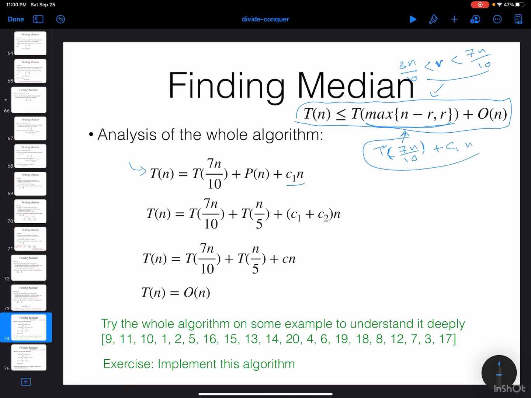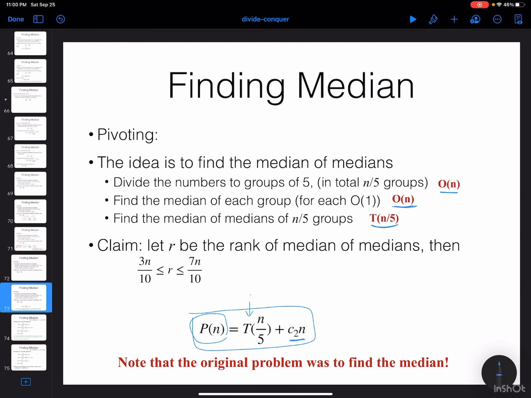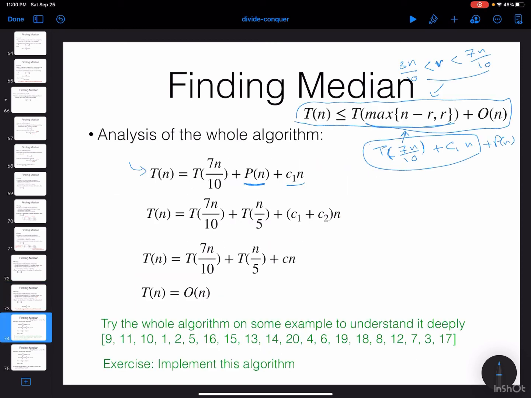So this is the original cost that we had, and now we have to add the cost of the pivoting as well, which is going to be P of n. P of n from this formula is going to be something like this. Remember, this T of n divided by 5 is coming from that P of n. Some other linear cost is also added, and I'm replacing C1 plus C2 with C of n.